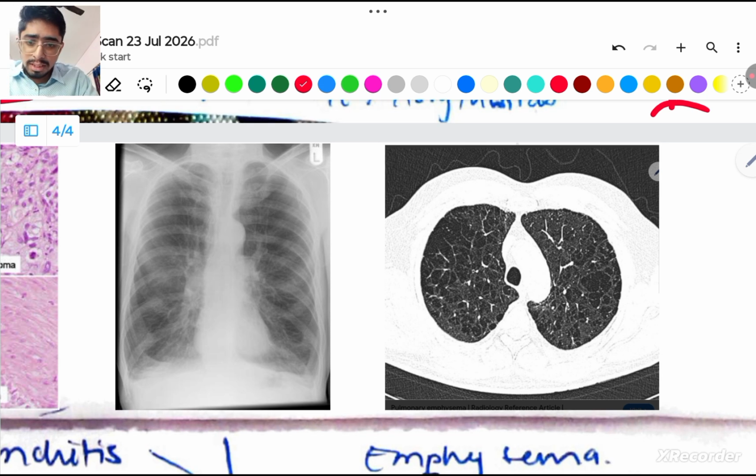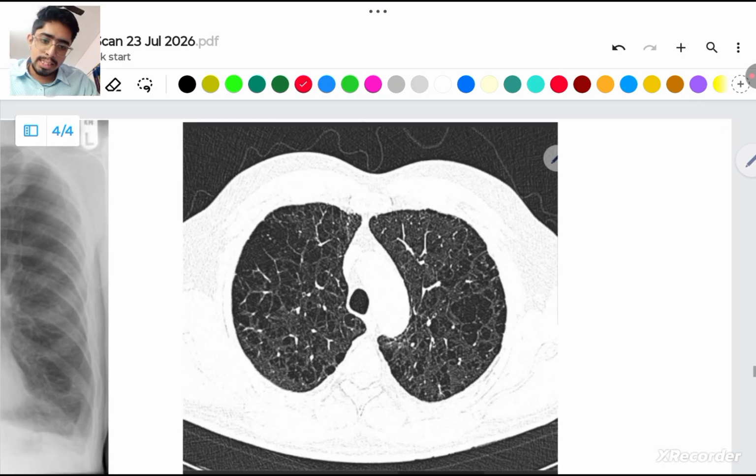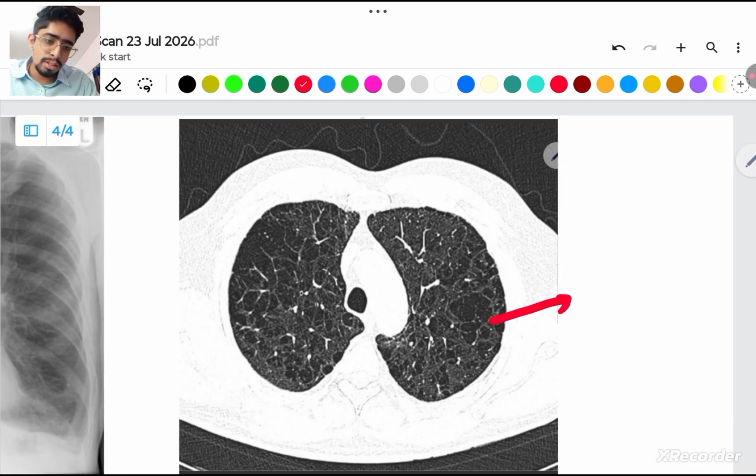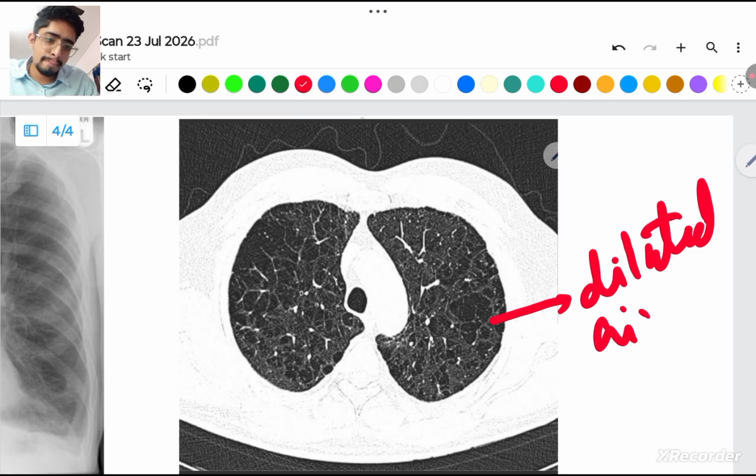What are these? You see there is a tubular lung. A tubular lung, right? This is basically your COPD. Okay, now what is this? These are your dilated airways, and this is a picture of your emphysema.